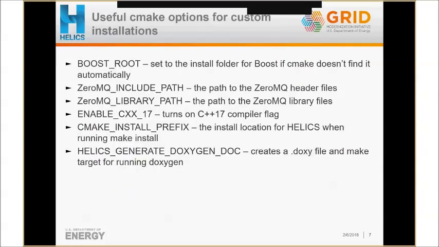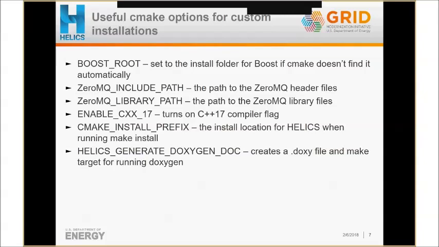If you have Boost or ZeroMQ installed in a custom location or something special going on in your system, then there's a Boost root option that you can set to the install folder for Boost if CMake doesn't find it automatically. And there's also ZeroMQ include path and ZeroMQ library path options in case CMake isn't able to find the location for ZeroMQ automatically.